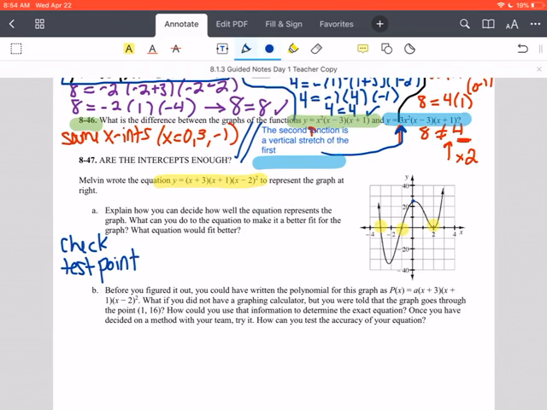Okay, and the y-intercept is (0, 24). So we are going to go ahead and check and see, does 24 equal (0 + 3)(0 + 1)(0 - 2) squared?